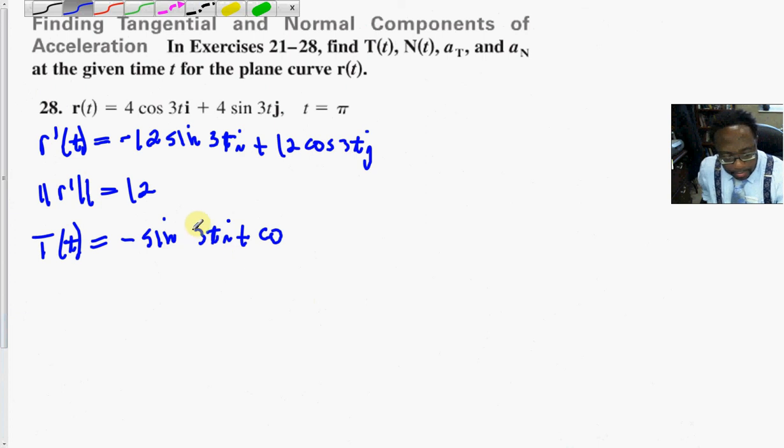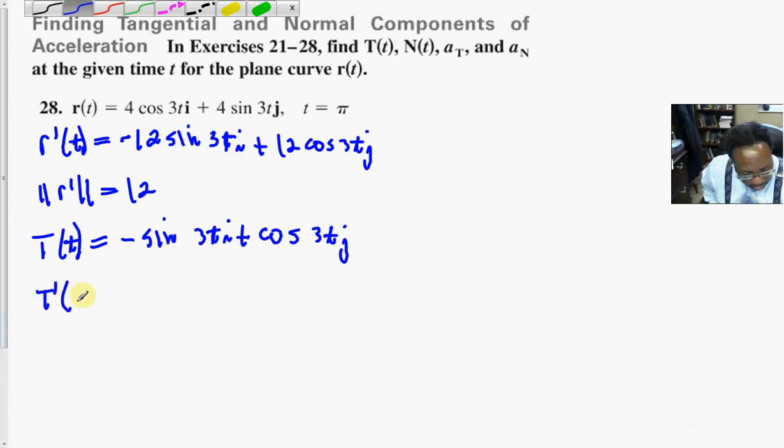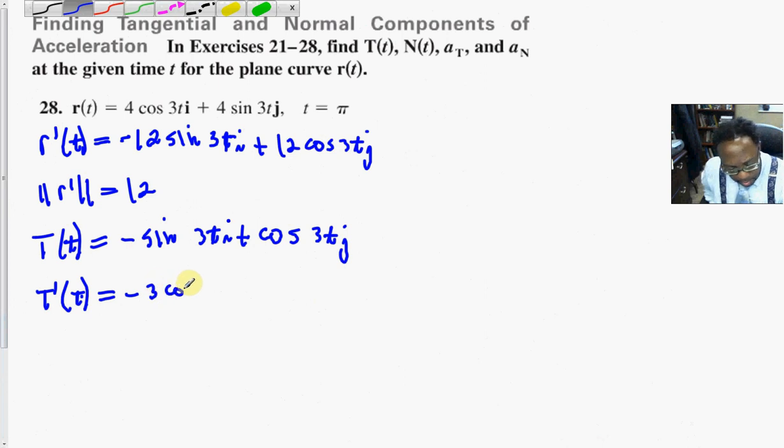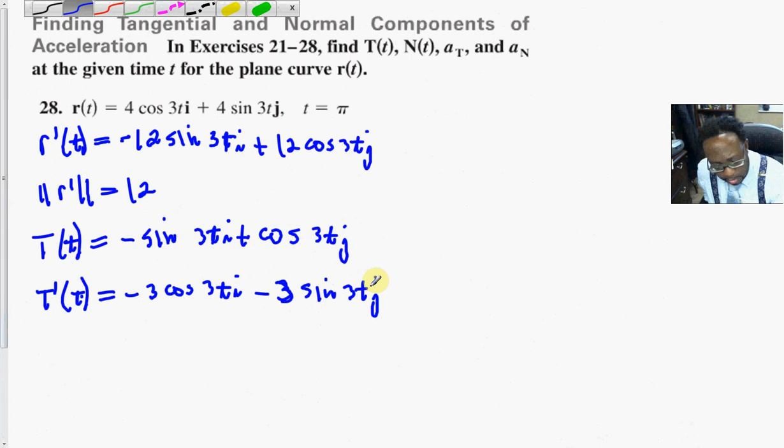So this is negative sine 3t i plus cosine 3t j. T prime of t is negative 3 times cosine of 3t i minus 3 sine 3t j.